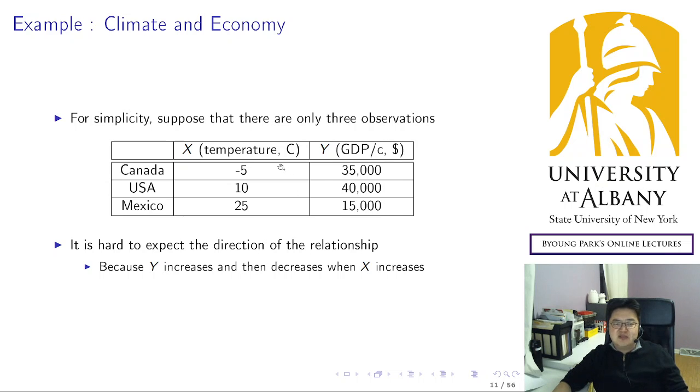So the order is not clear. If the order was perfect, it would be easy to see the direction of the relationship. But because it's not clearly decreasing or increasing, you need to calculate the covariance to determine whether it is positive or negative.